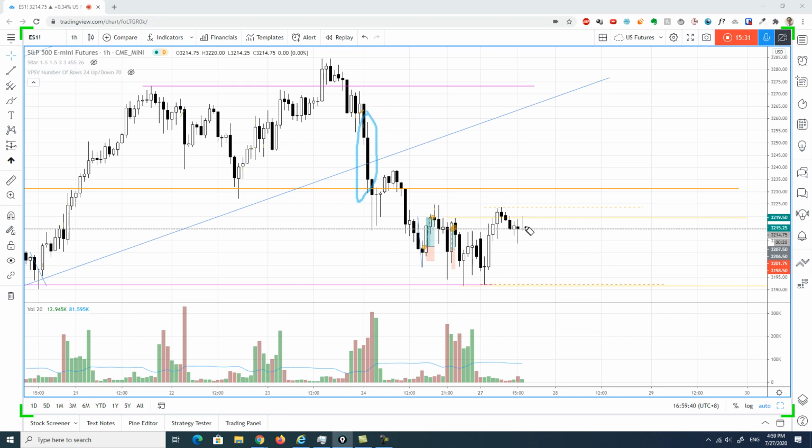So for day trading bias for today, I am bullish. For long-term bias, definitely still bullish. Nothing's changed. For the potential setup here, we will definitely still be watching the 3190 level, because we still have a few hours to go before the US market opens. Maybe you could do something like this: spring the level and go up.